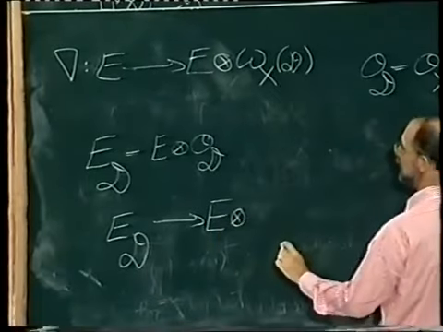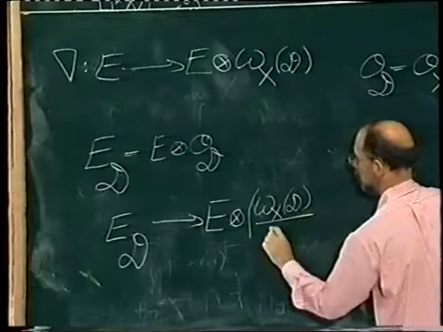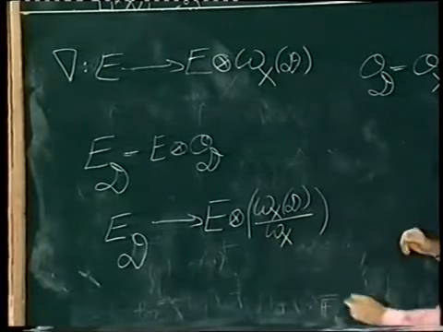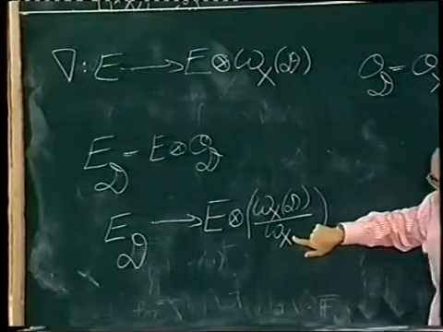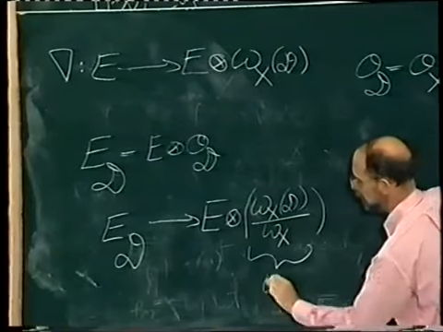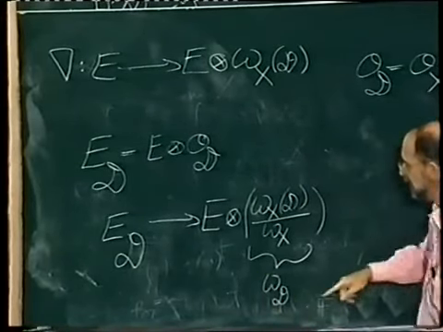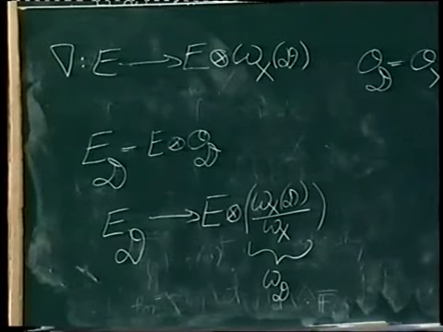So let me write it as E tensor omega x of D modulo omega x. So I take differential forms with poles on the divisor D modulo the regular forms. And this guy here is usually written omega sub D. It has some algebraic interpretation as a dualizing object.